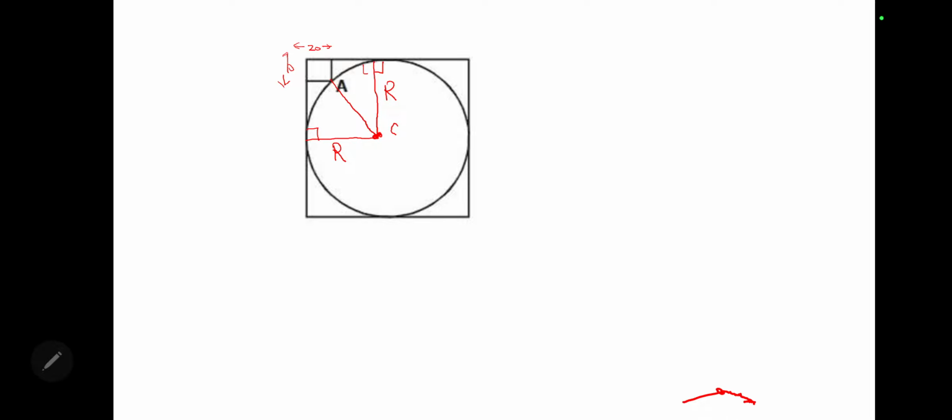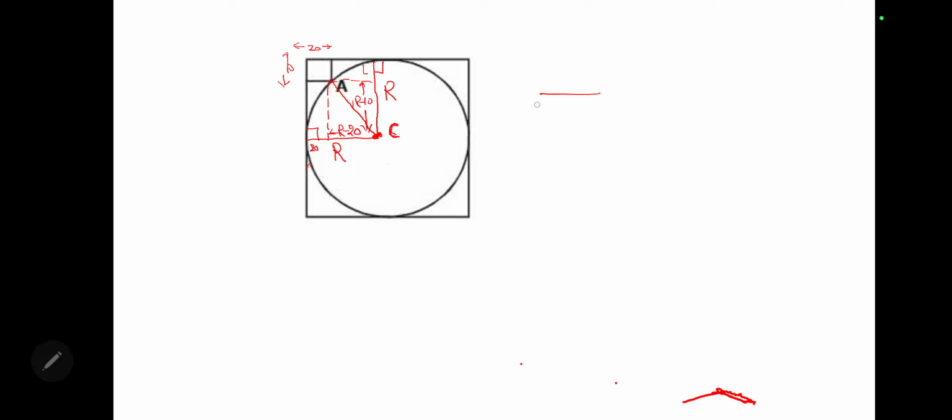Now, from the center C, can we draw a perpendicular which touches this parallel line? This is 20 centimeter, and the whole is r, so the remaining one will be r minus 20 centimeter, and similarly over this, what is left will be r minus 10 centimeter.